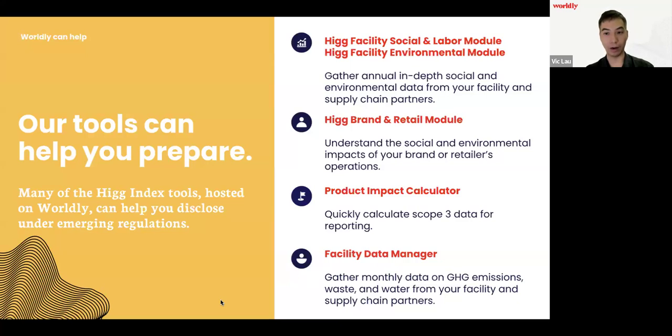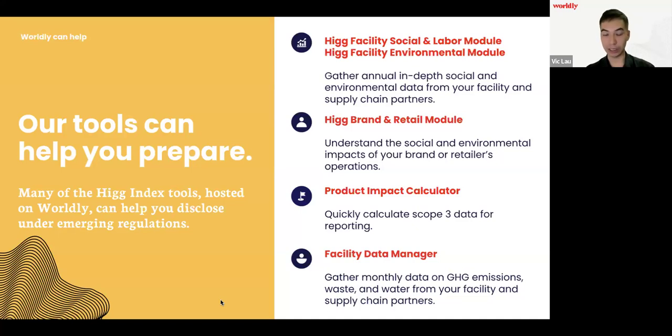The Brand Retail Module helps brands and retailers evaluate the impact of their operations. The Product Impact Calculator, which we just recently launched a couple of months ago, helps you calculate the Scope 3 emissions of your entire supply chain.